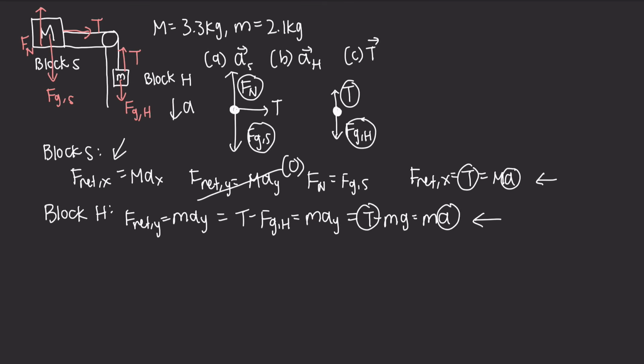So subtracting these equations will eliminate T, and then solving for a, we get that a equals m over M plus m times the acceleration of gravity.